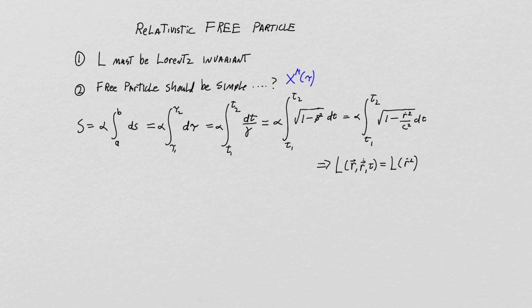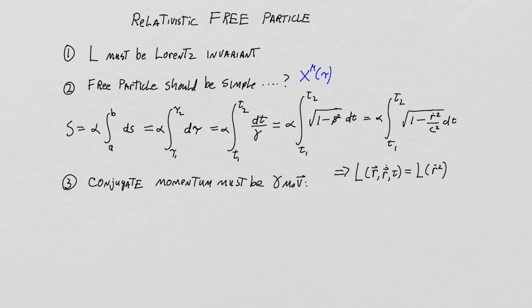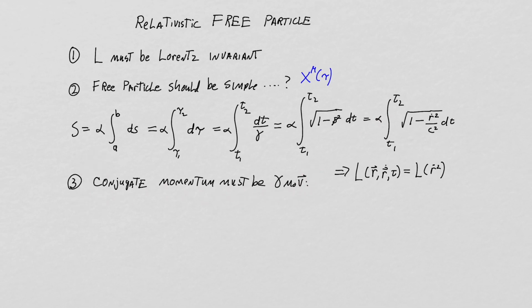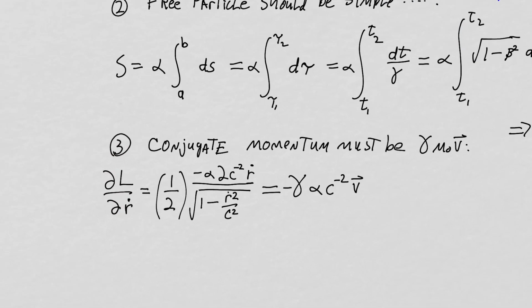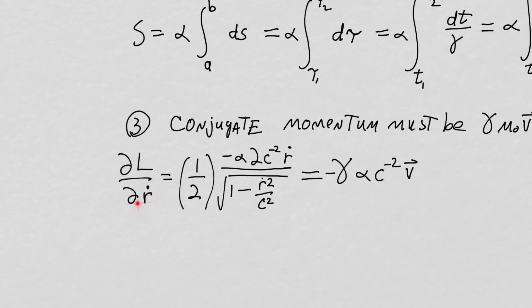So now with that in mind, we want to figure out what alpha is, right? Alpha is still an unknown constant, and we use the fact that the conjugate momentum has to be gamma m0 v. Therefore, we take the derivative of the Lagrangian with respect to the generalized velocity r dot, where r dot represents any one of the three component velocities.